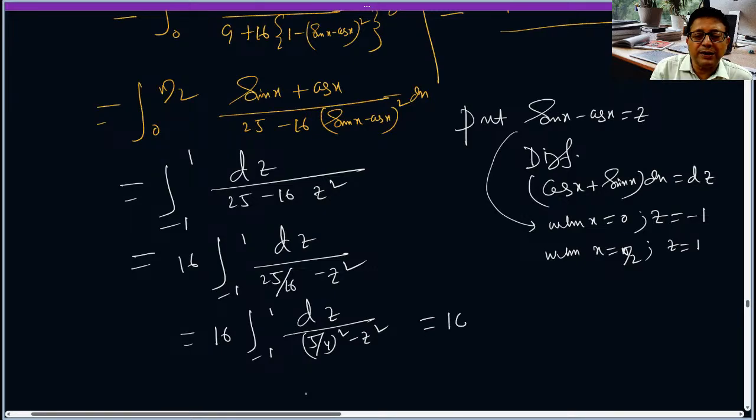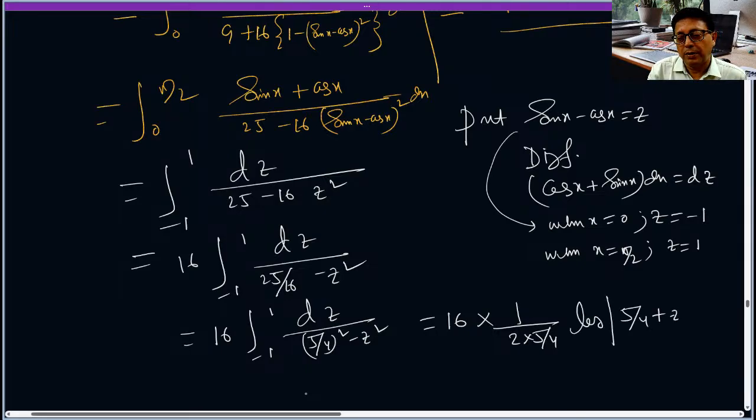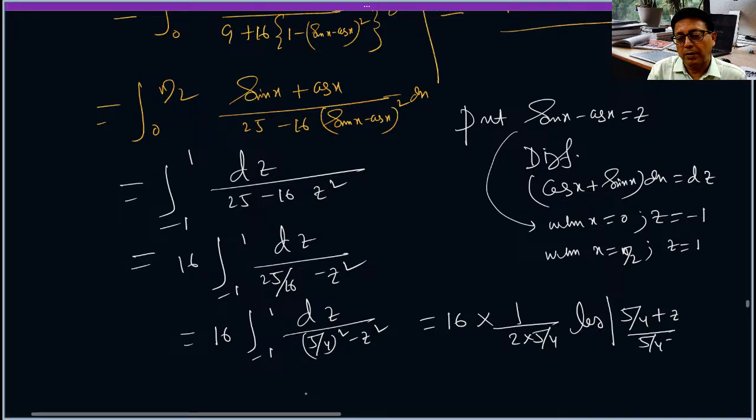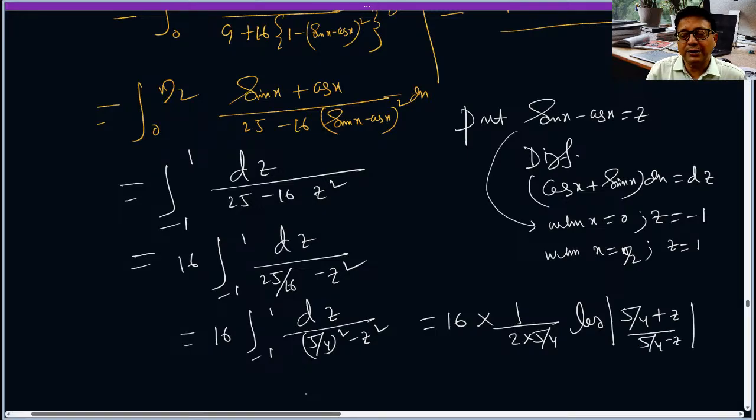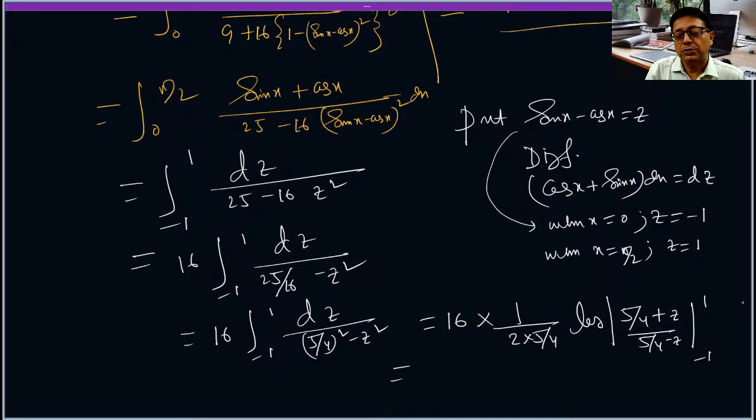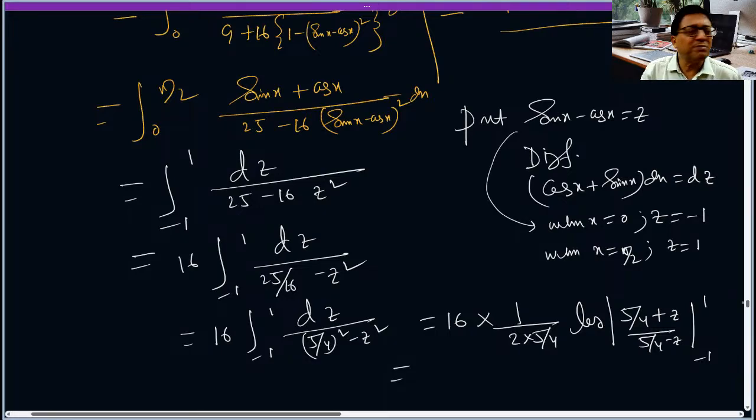A square minus x square, 1 by 2a log of, am I correct? Minus 1 to 1. So you write. Now it's simplified. Just put upper limit minus lower limit. Okay.